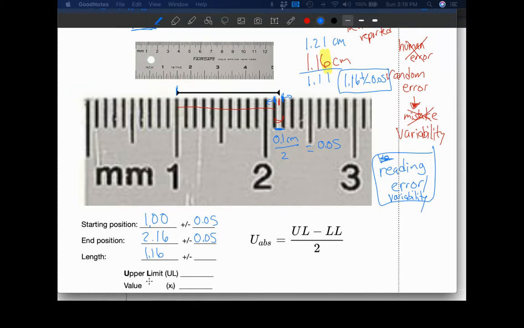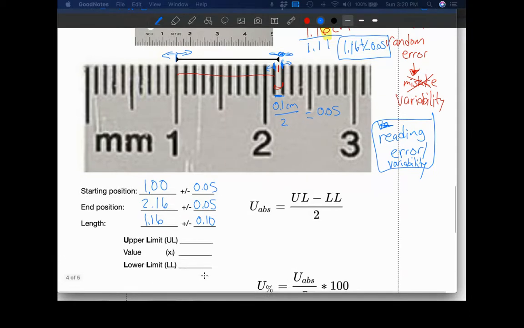But if you notice, the right end could be slid one way or the other in terms of its judgment, and so can the left end. So it turns out that when we're lining up both ends of this thing, we add these uncertainties and we get 0.10.